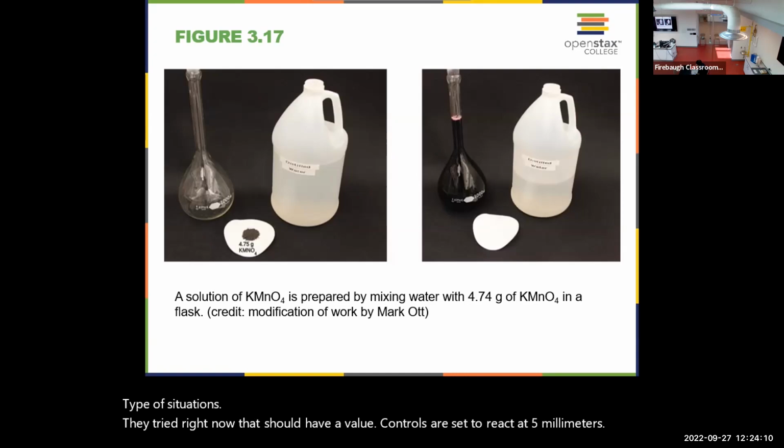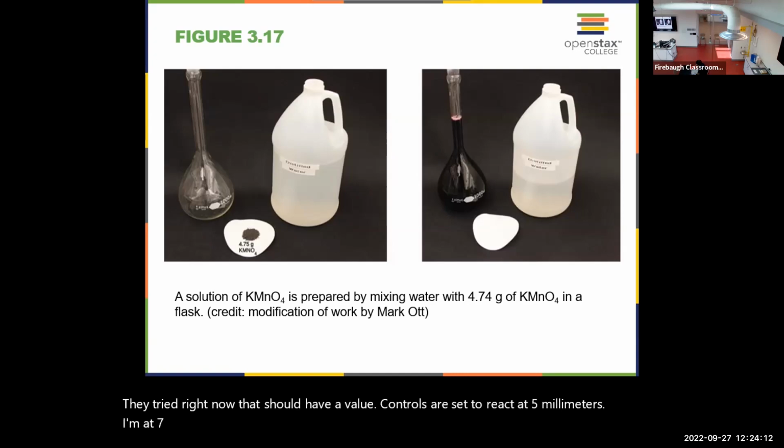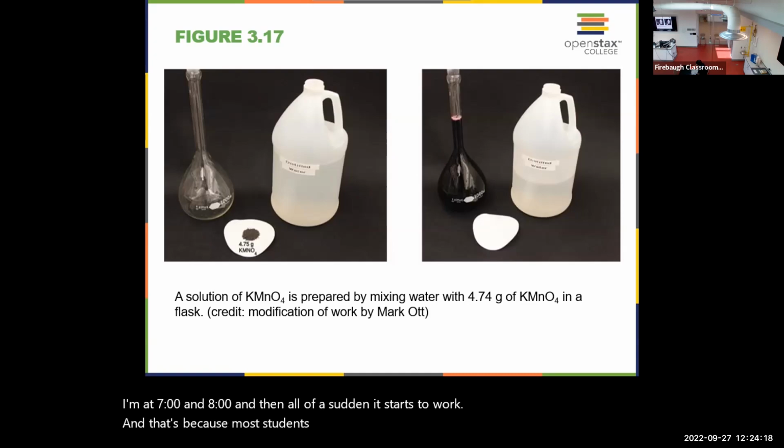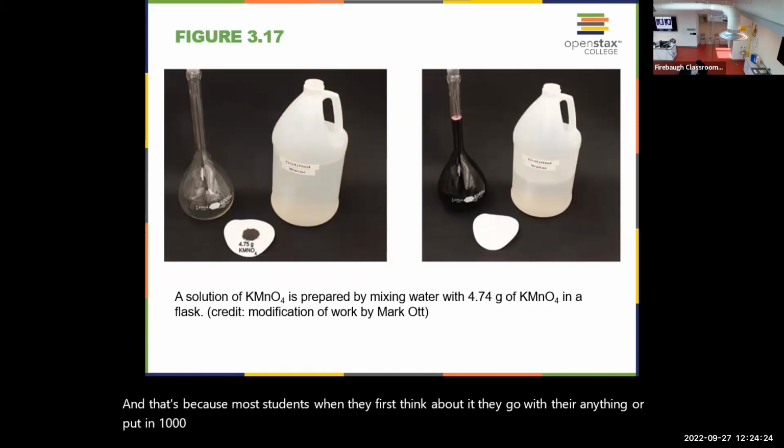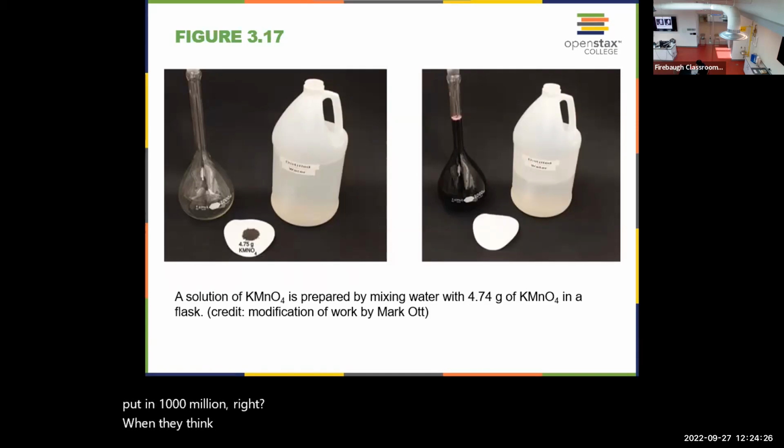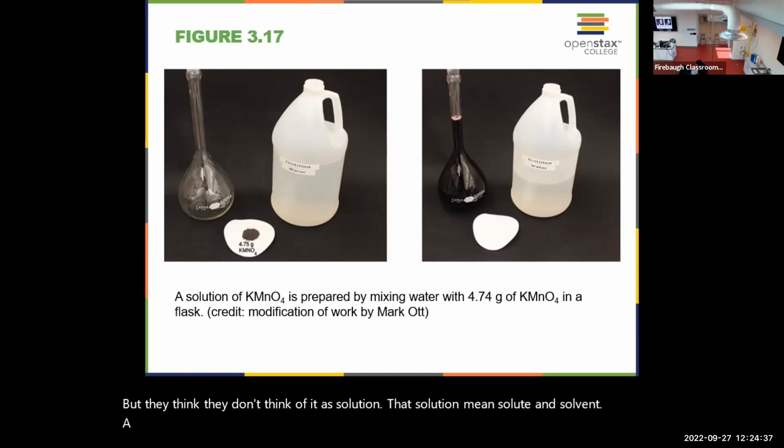I'm at 7 and 8, and all of a sudden it starts to work. What's going on? That's because most students first think, oh, I'm just gonna put in 1,000 milliliters, right? But don't think of it as just water. Solution means the total, so we need to bring it up to 1,000. Does that make sense? You see it?